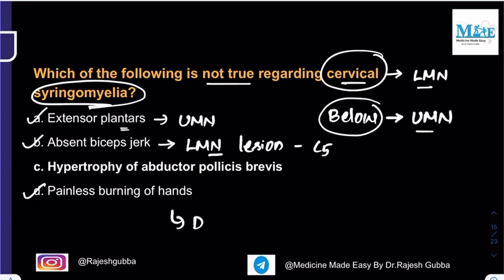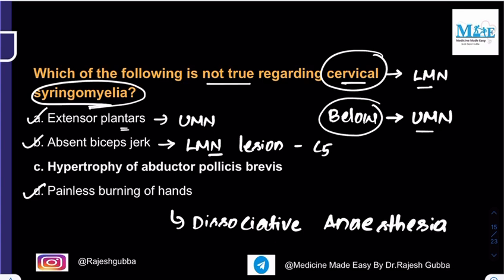So these patients will have what is called dissociative anesthesia, where there will be loss of thermal sensation, but the posterior column sensations will be intact. So painless burning of the hand will be there.